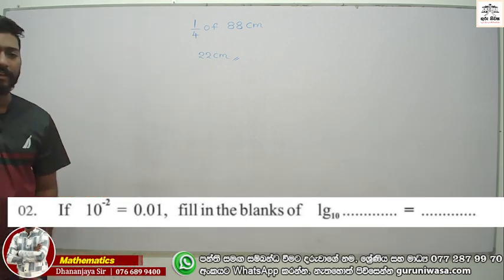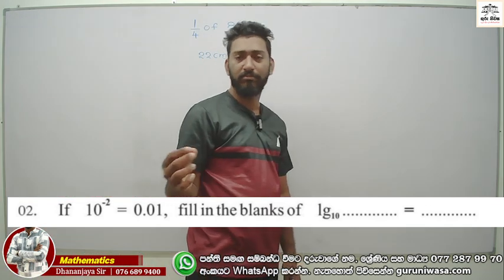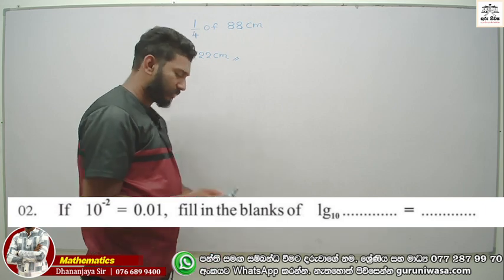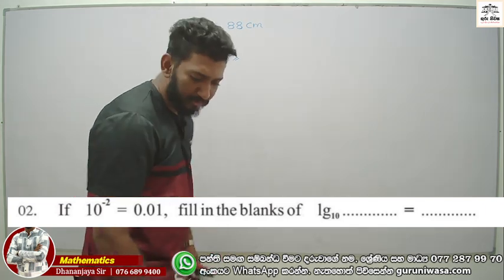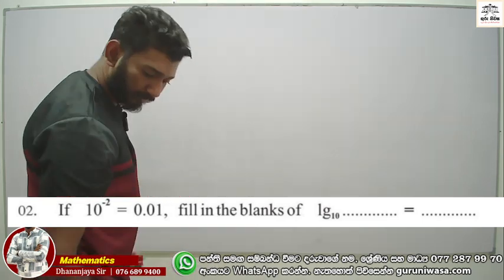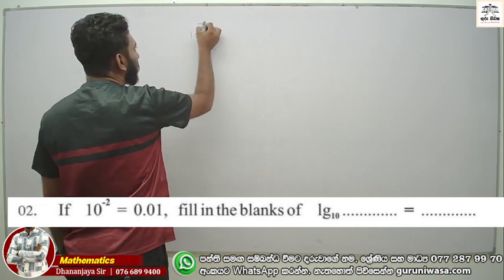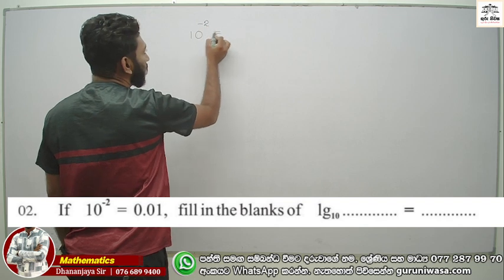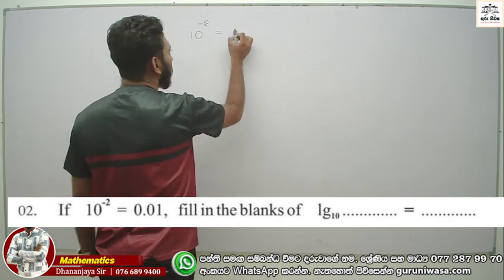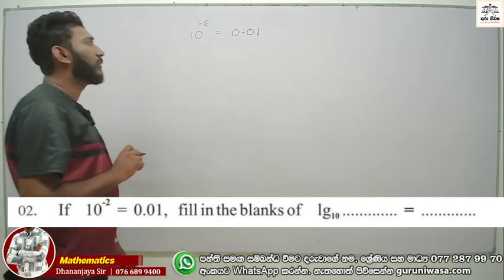Second question. This one is relevant to the index form and the logarithm form, right? 10 to the power of minus 2 is equal to 0.01.